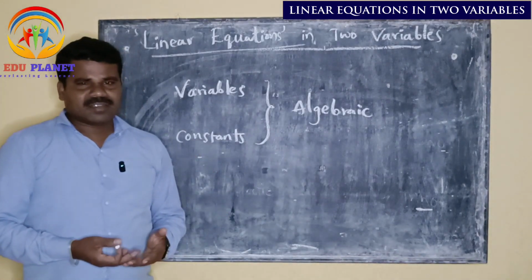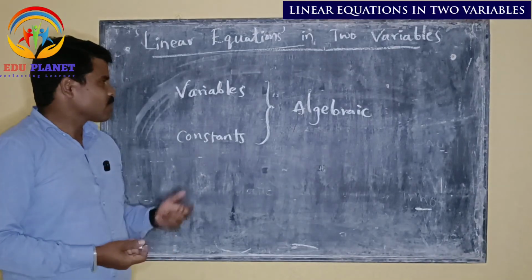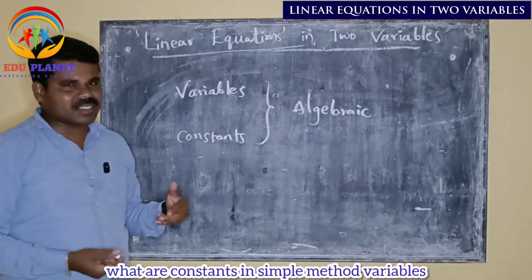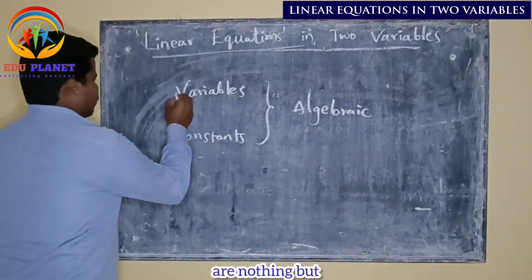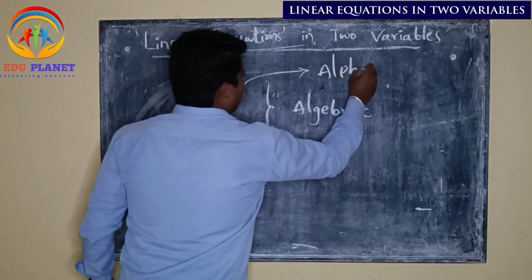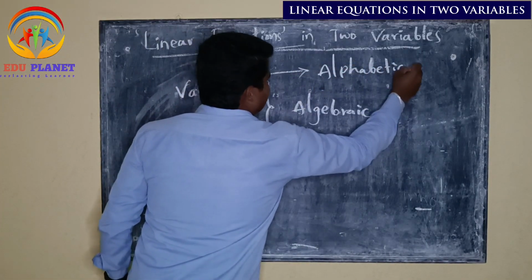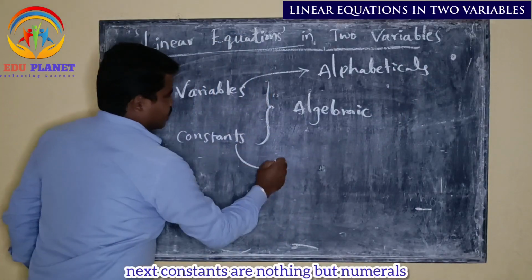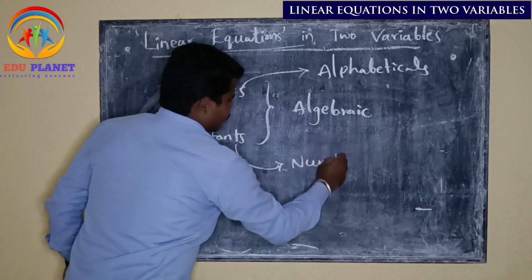In other words, the trick to remember what are variables and what are constants in a simple method: variables are nothing but alphabetical values. Next, constants are nothing but numerals.